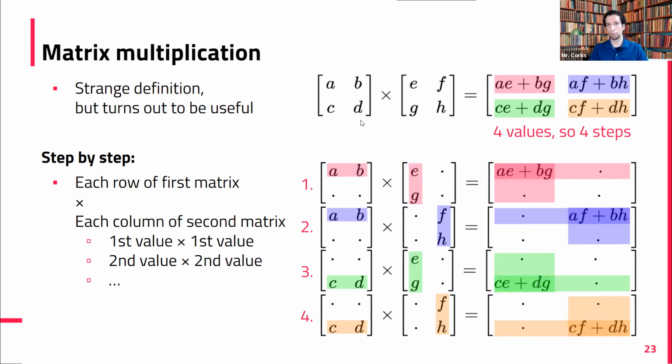It is actually useful and lets us accomplish things. I'll get to that in the next class. That's the process. Okay, so each row of the first matrix times each column of the second matrix. Let's go through some examples with these, and then it will be a little more clear.